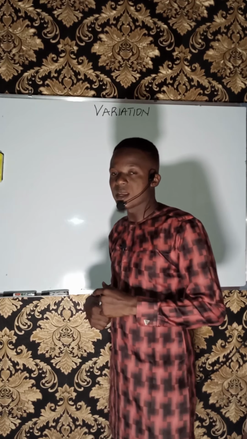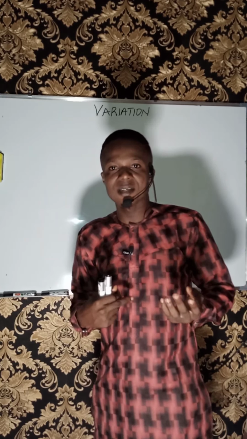Now take for instance, assuming the cost of a pen is 50 naira and you want to buy two pens, you pay 100 naira. If you want to buy three pens, you pay 150 naira, because you have to pay 50 naira three times.